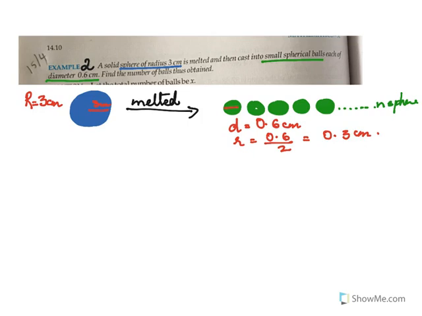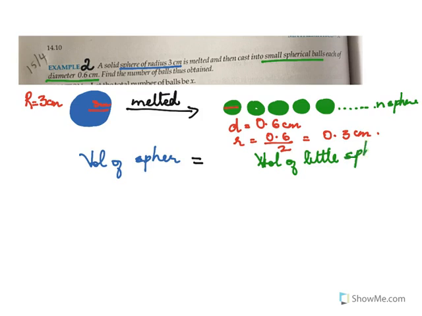Now since this blue sphere, the large sphere, is melted into these many small spheres, we can say the volume of this blue sphere will be equal to the volumes of all the little spheres, and there are n of them.